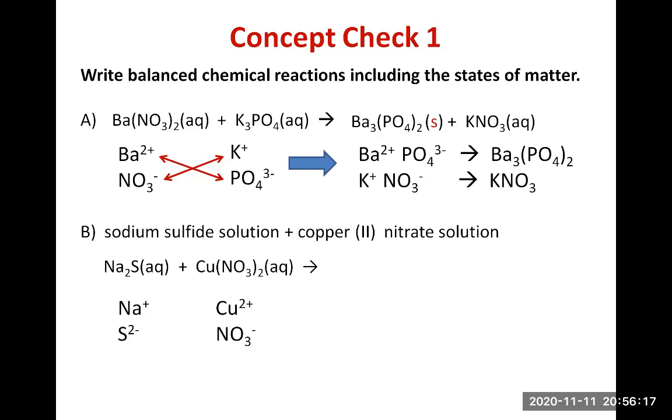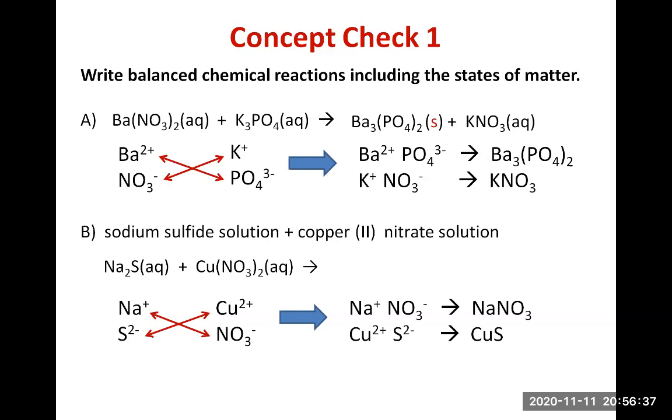Now let's exchange partners and see what we have as product. So we have Na+ and NO3 together. That's going to be NaNO3, because one positive charge and one negative charge, so one of each ion makes a neutral formula. Cu2+ and S2- together, again, the charges are exactly opposite, 2 plus, 2 minus.